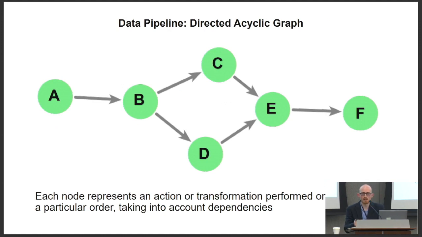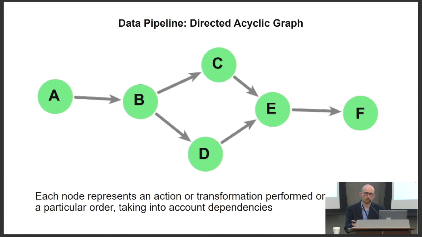So now I'll introduce data pipelines. Data pipelines are, of course, broadly used for any production level software, but they're also quite applicable for analyses as well. So I'll be talking about directed acyclic graph data pipelines, common variety. Each node, each green circle here, labeled, represents some action, some task, some transformation.